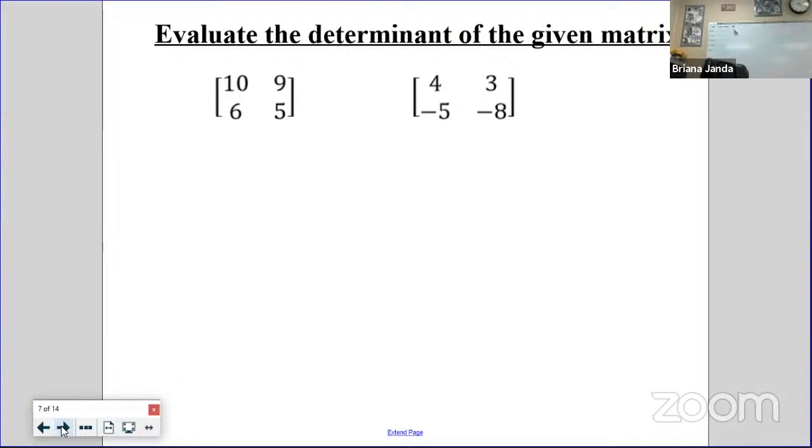And it is A times D minus C times B, or your diagonal from top left down, minus diagonal from bottom left up. So our determinant would equal 10 times 5 minus 6 times 9.